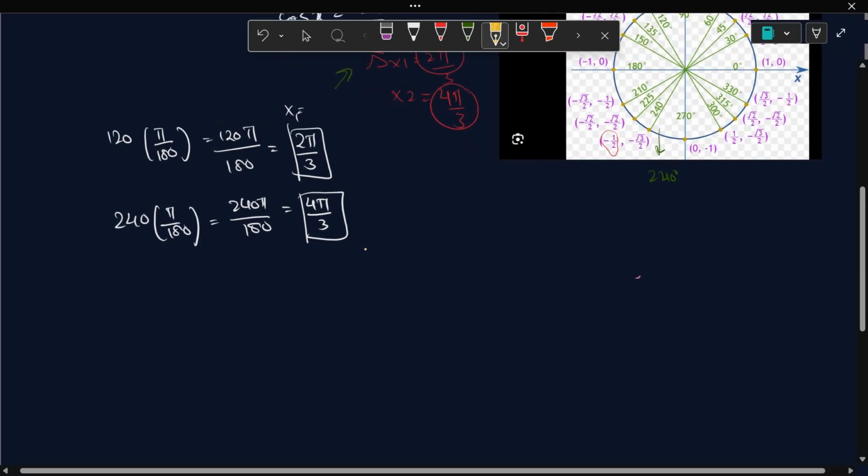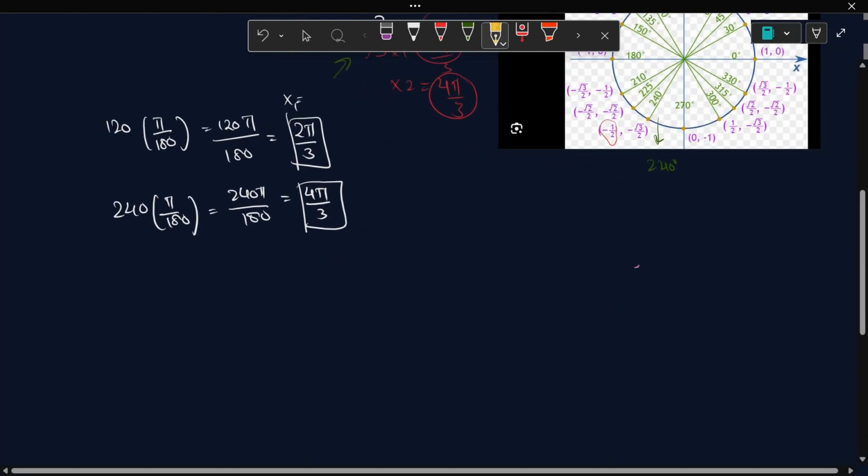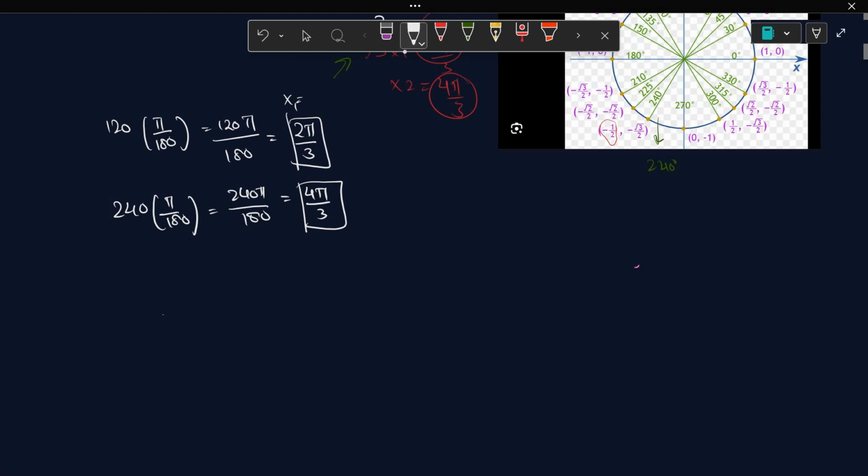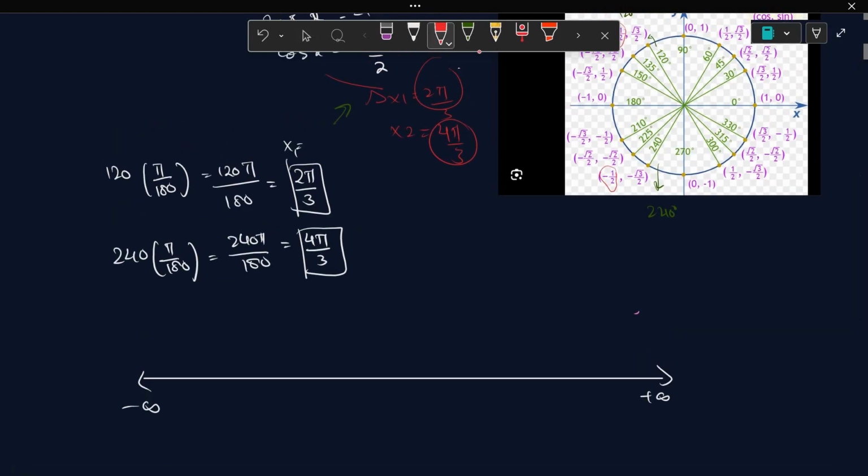Once you have your critical points, what is your next step? The next step is to make the intervals. This is my grid over here, with values from -infinity to +infinity. I have my first critical point at 2 pi over 3 and the second one at 4 pi over 3.